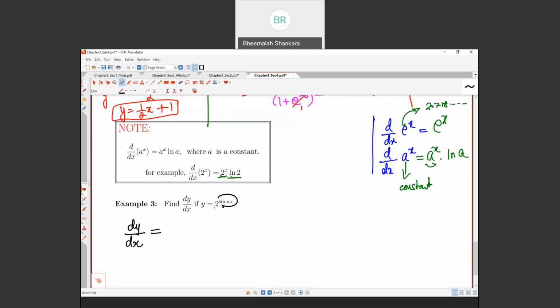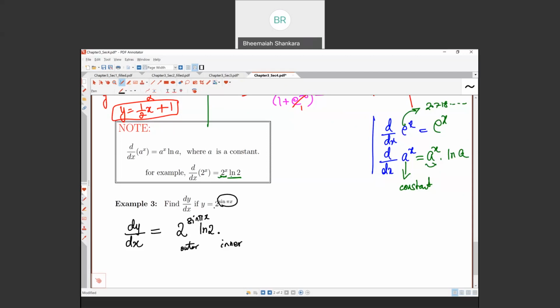So write exactly the same, 2 to the sine pi x. So this is your outer function derivative. Now you move on to differentiating the inner function. As soon as you write 2 to the sine pi x, you also see in the previous formula on the top, it's a to the x ln a. So do not forget to write ln 2.